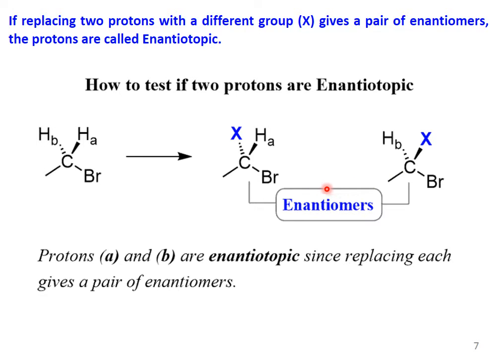Here is the same case, the compounds are mirror images but non-superimposable. The protons A and B are enantiotopic since replacing each gives a pair of enantiomers. Because किसी एक को replace करने से हमें pair of enantiomer मिलता है. That is why we say that protons HA, HB are enantiotopic.